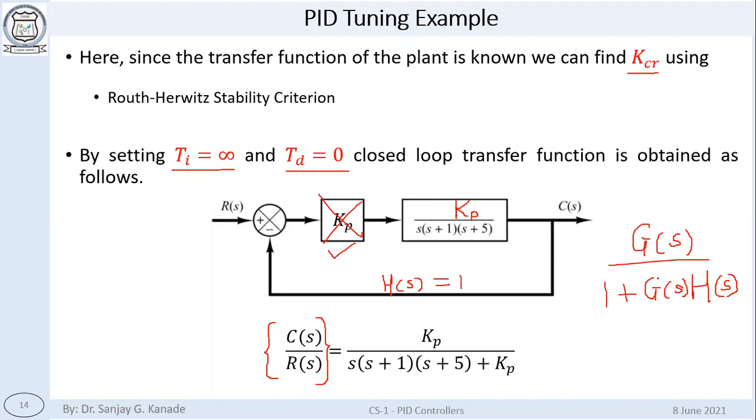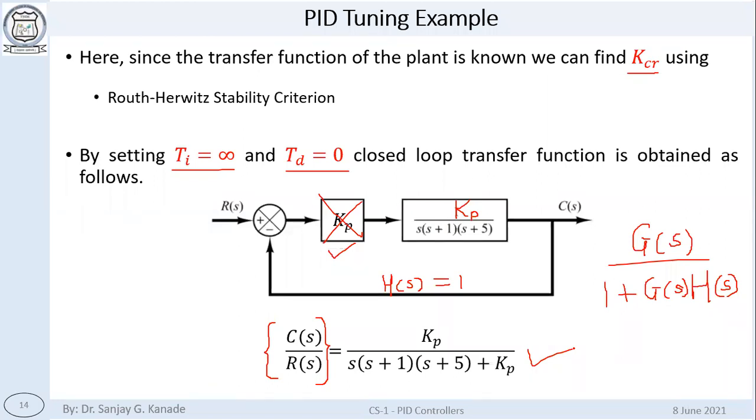Now if you apply this formula here, the resultant transfer function of the closed loop system will be Kp upon s into (s plus 1) into (s plus 5) plus Kp. You can check by yourself, you can verify yourself.